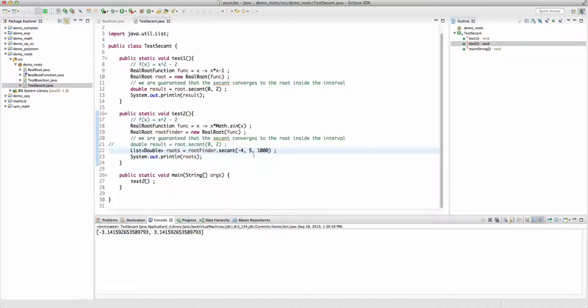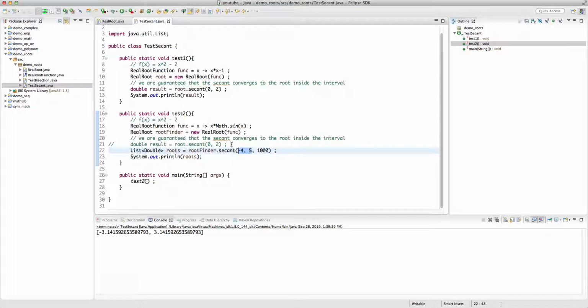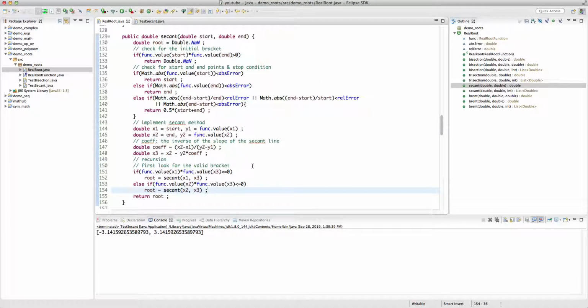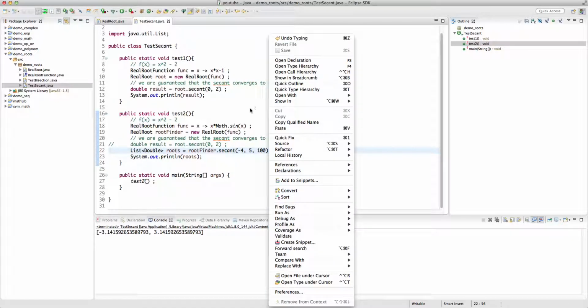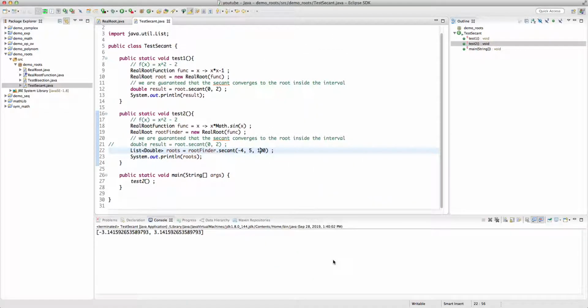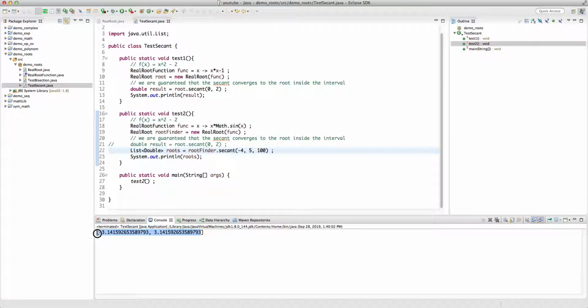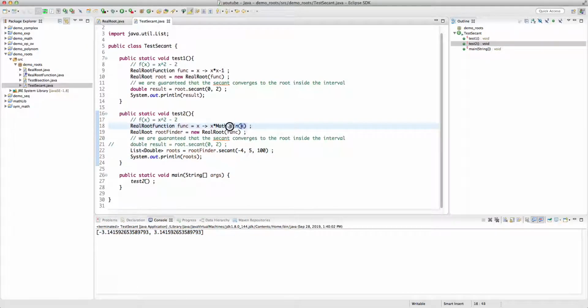Now, interesting thing, it doesn't find 0. It doesn't converge to the 0 term. Maybe let's try again. Still can't find a 0. Let's say we just have a linear function x. It finds the 0.